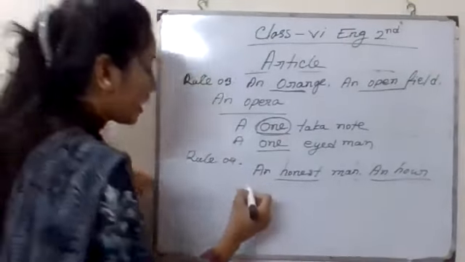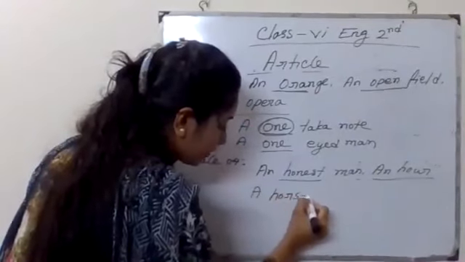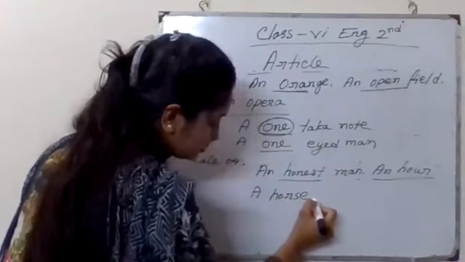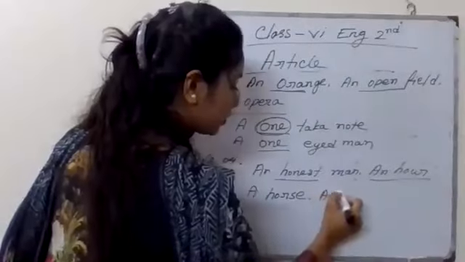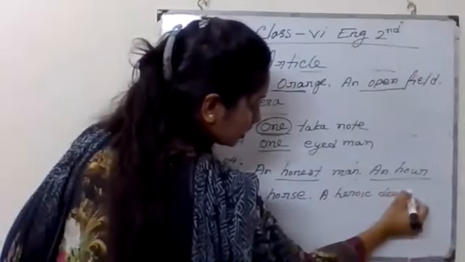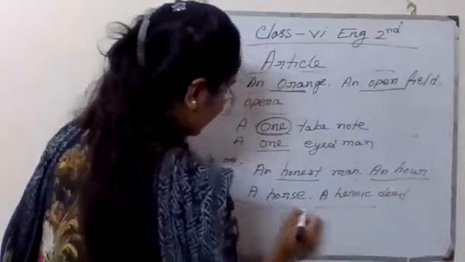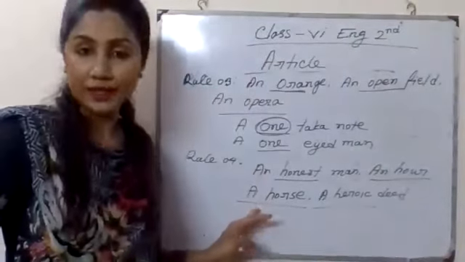And a horse. A horse. A heroine. A heroic deed. So boys, in these words, I have used AN here and I have used A here.